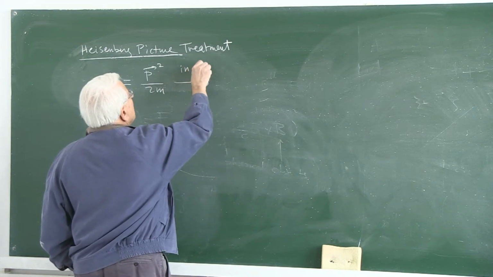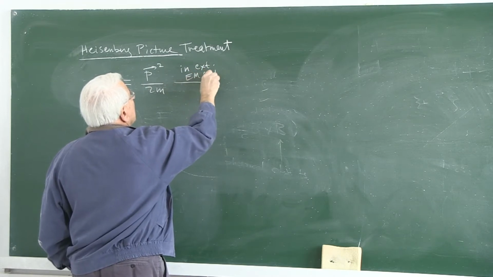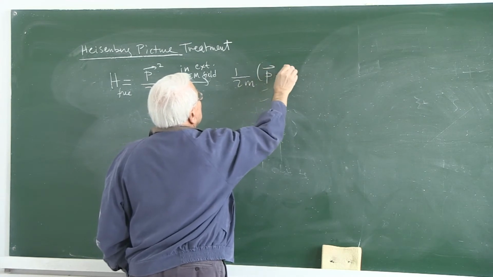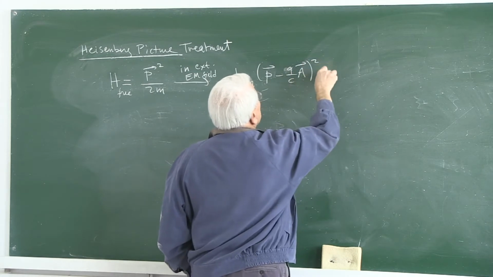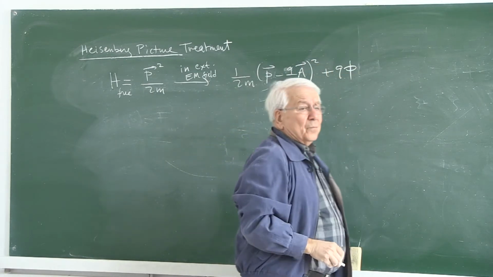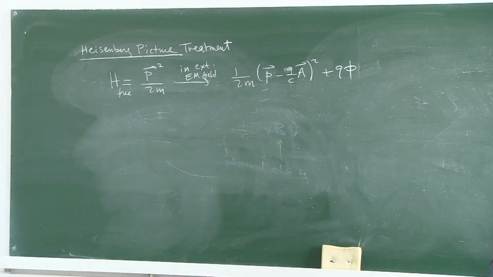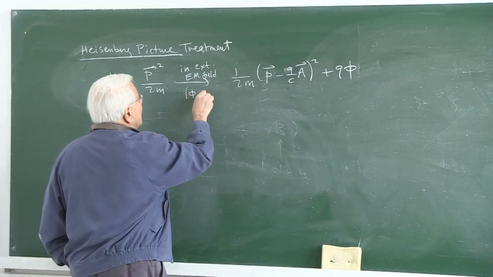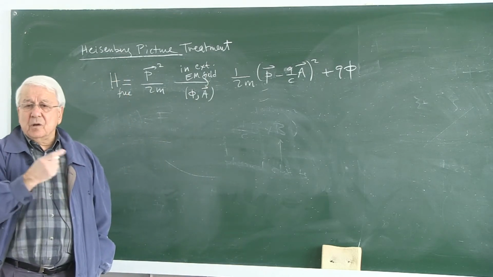In an external electromagnetic field, it is known that this equation becomes, say, (p − q/c A) squared plus qφ. The external electromagnetic field, or classical electromagnetic field, is represented by the potentials φ and A. If it is classical, this Hamiltonian is classical.